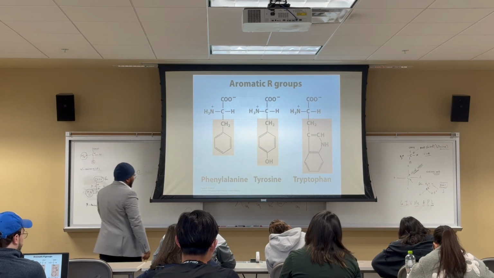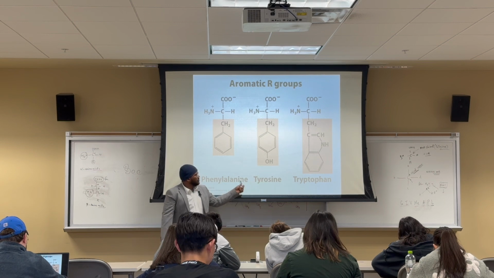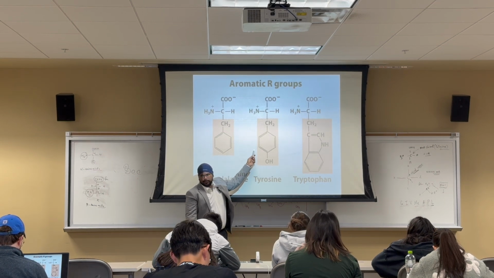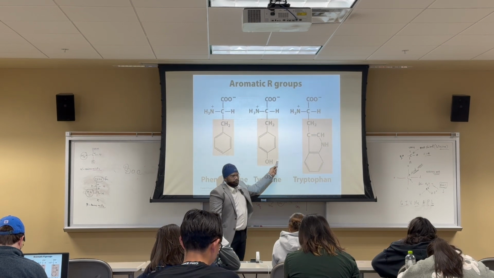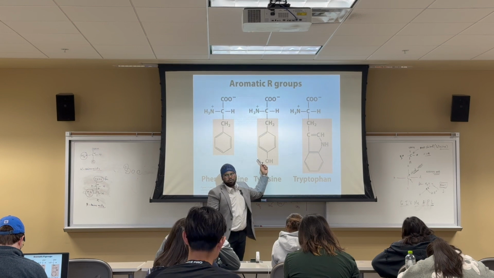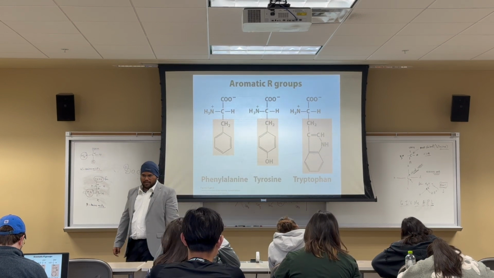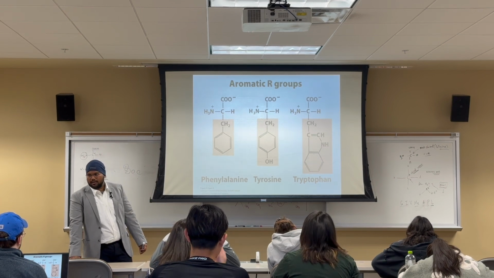Okay. The second one is, remember, tyrosine. Can you see a very common thing between phenylalanine and tyrosine? Yes. The whole thing is same except this additional OH group or hydroxyl group. Okay. So can we call tyrosine as hydroxylated phenylalanine?